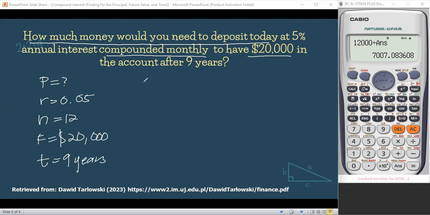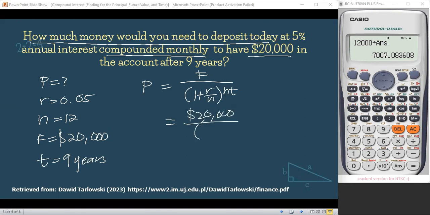So using our formula again, yung na-derive natin kanina, that is P is equal to F all over 1 plus R over N raised to NT. So we have $20,000 all over 1 plus 0.05 divided by 12 raised to 12 times 9 kasi 9 years. So again, isolve po muna natin sa 12 times 9.